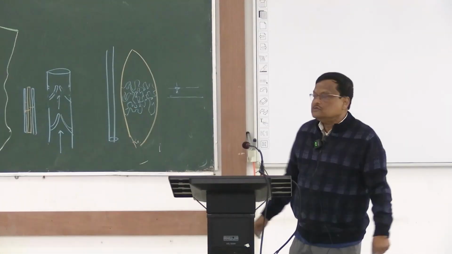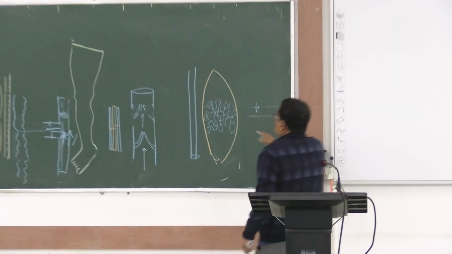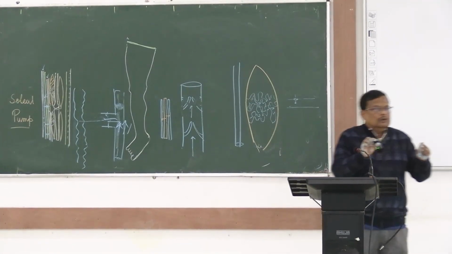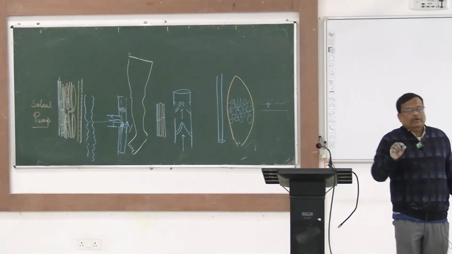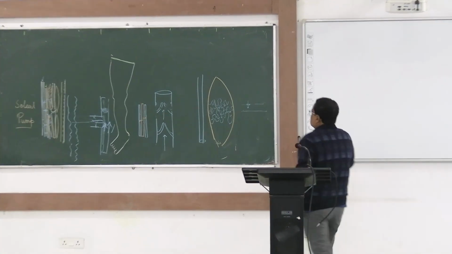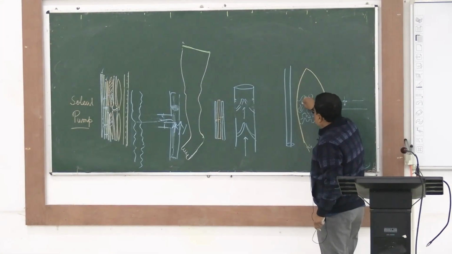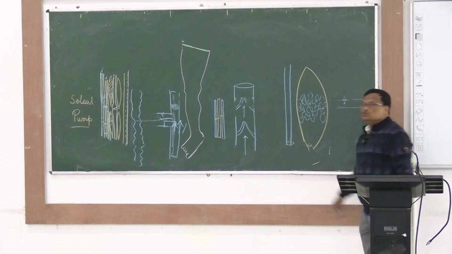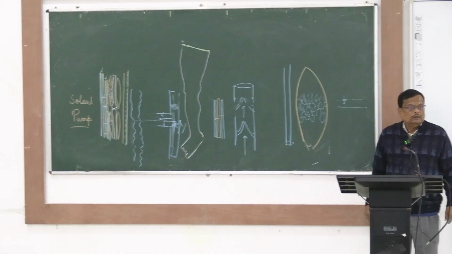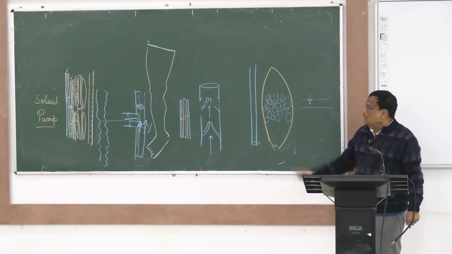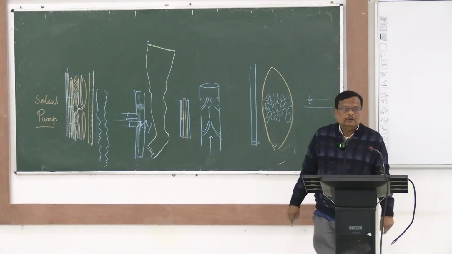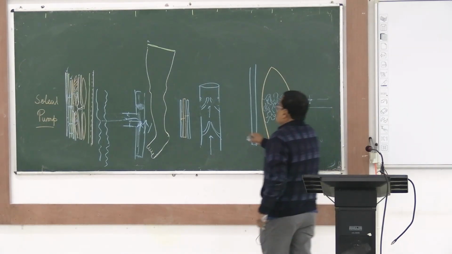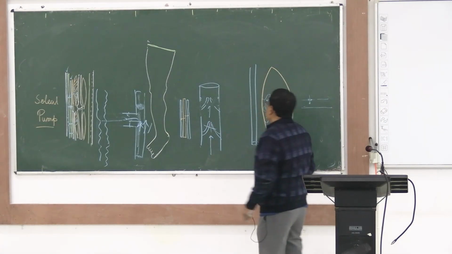And most important is that these are also veins, but they are slightly dilated and communicating. Suppose this vein is communicating with this vein, which is communicating with this vein, so communicating sinusoids. And there are no valves. There are no valves in the sinusoids.